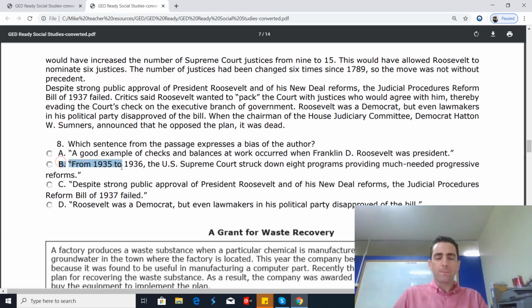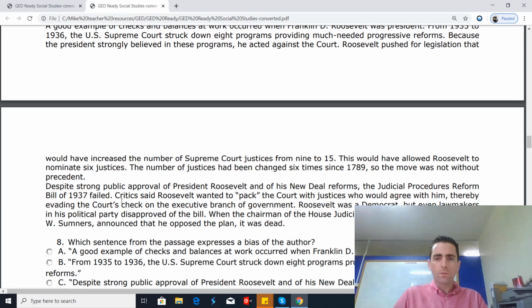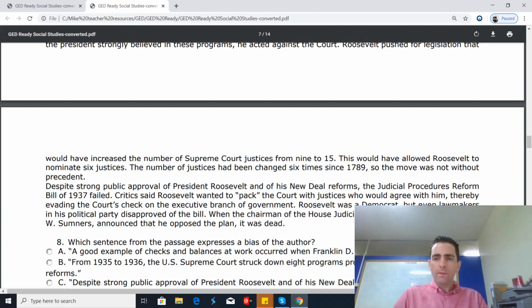Let me just double check that again. Definitely not B. Definitely not C. Let's check D again. But even lawmakers in his political party disapproved of the bill.